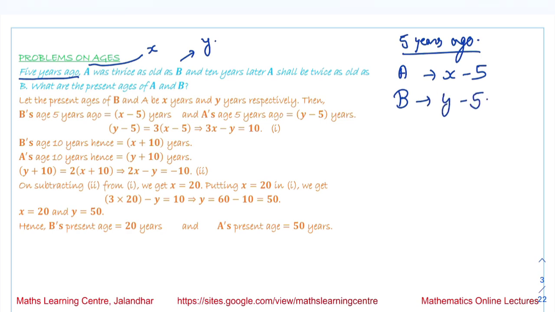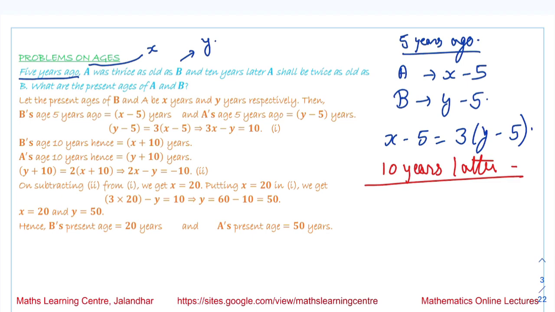So A was thrice as old as B. It means that A's age is thrice that of B's age. And when we are talking about 10 years later, A's age will be X plus 10 and B's age will be Y plus 10.